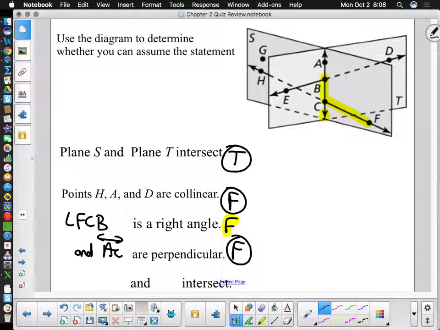I could say EB and AC are perpendicular. I don't know. Can't make that conclusion. Maybe. And finally, lines AC and DE intersect. Can I make that conclusion? Where do they intersect? At B. So that's true.